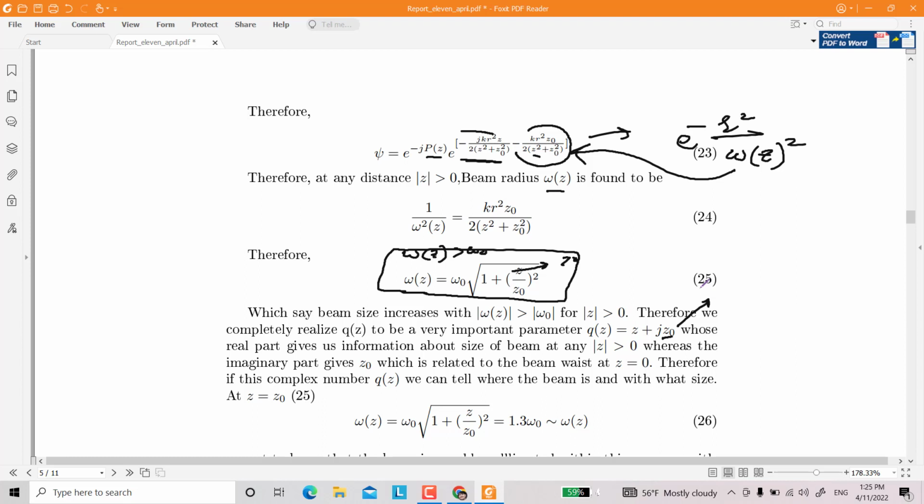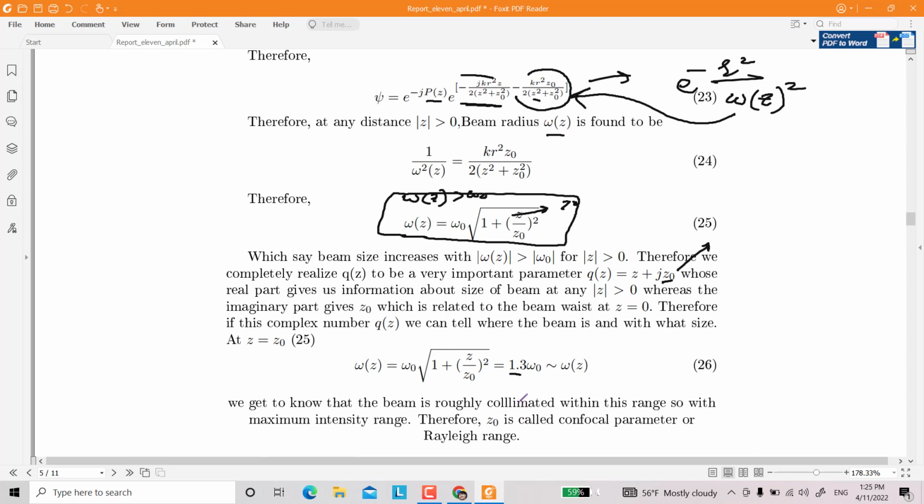In order to understand how Z naught scales the spot radius at any Z, we set Z equal to Z naught in equation number 25. Then we can see this Z naught cancels with Z naught, and there is the term which is 1. 1 plus 1 is 2, and if we take the square root of 2, it turns out to be roughly 1.3 omega naught. So what does this mean?